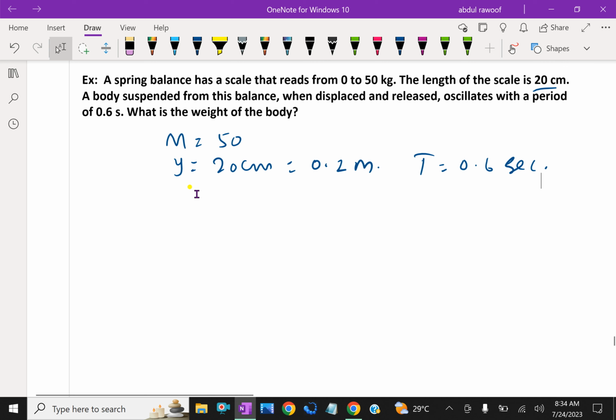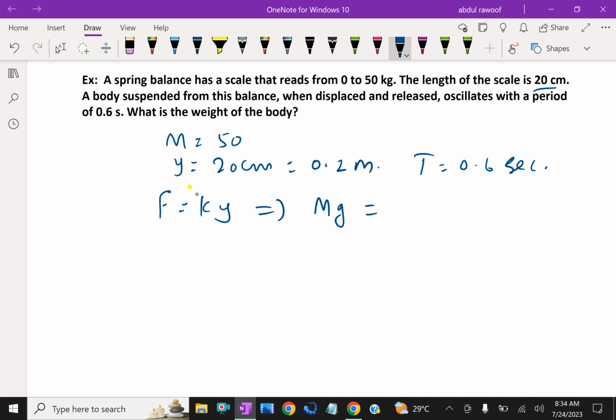Now we know that force equal to k y, which means force equal to mass into gravity equal to k y. From this, k equal to mg over y, mass is 50, 9.8 over y is 0.2.